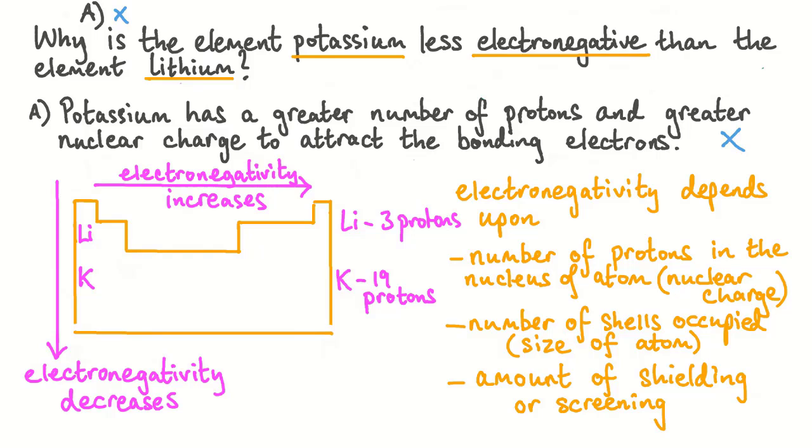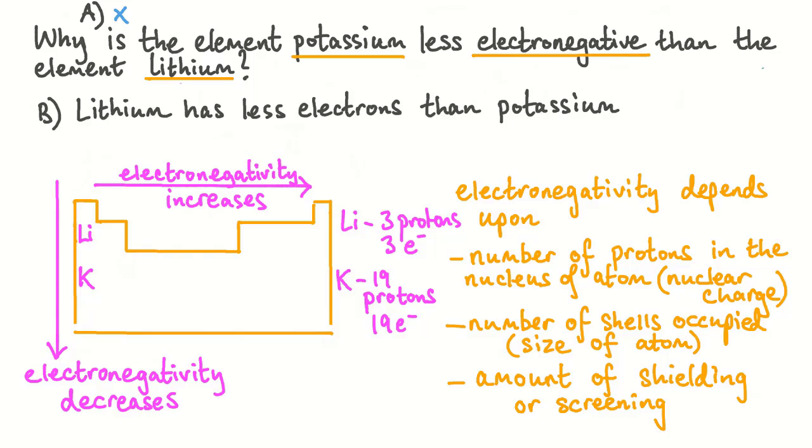This statement does not provide any support, though, as to why potassium is less electronegative than lithium. It's therefore not a correct answer. Despite the greater nuclear charge in potassium, we find there's more shielding in this atom, and this outweighs the factor of the increasing nuclear charge as far as electronegativity is concerned.